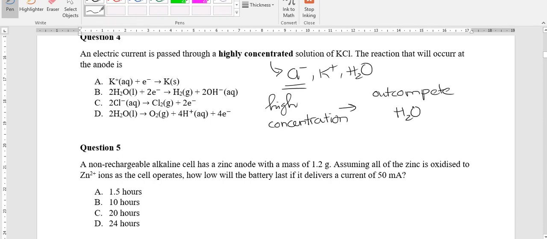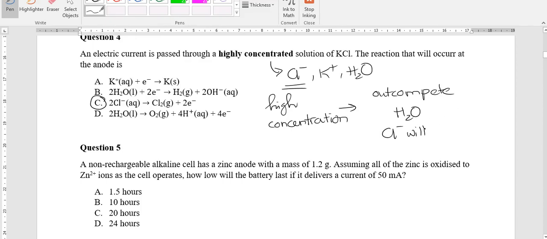So in this particular instance, the reaction at the anode is going to be oxidation of chloride ions going to chlorine gas and electrons. So Cl minus will be oxidized.